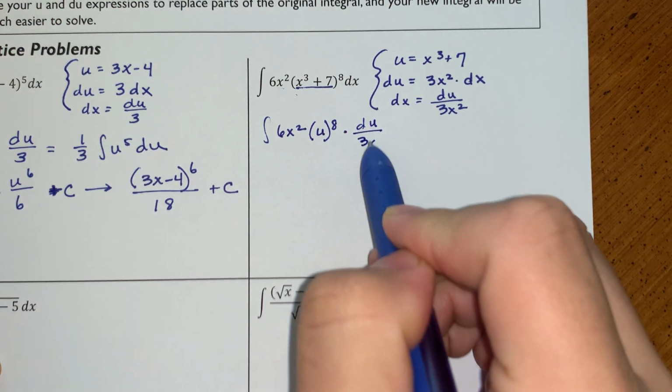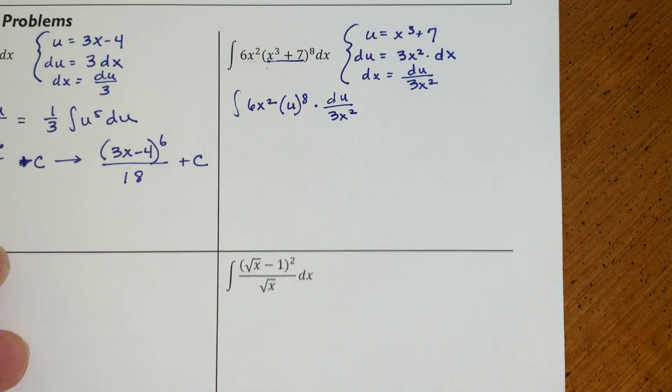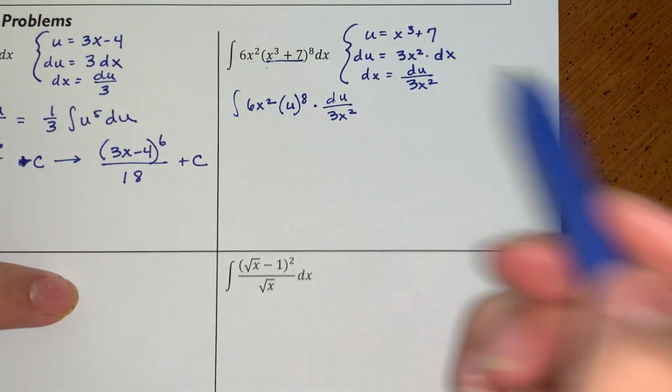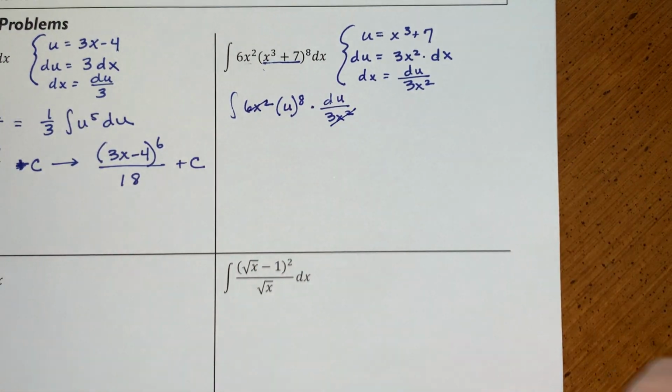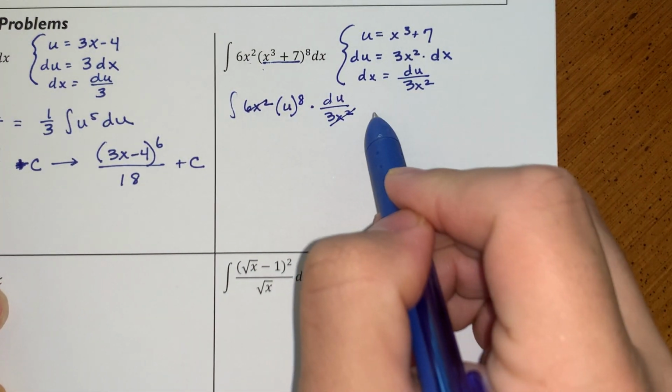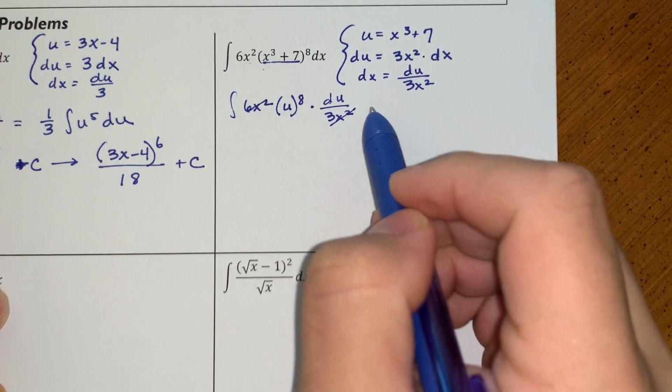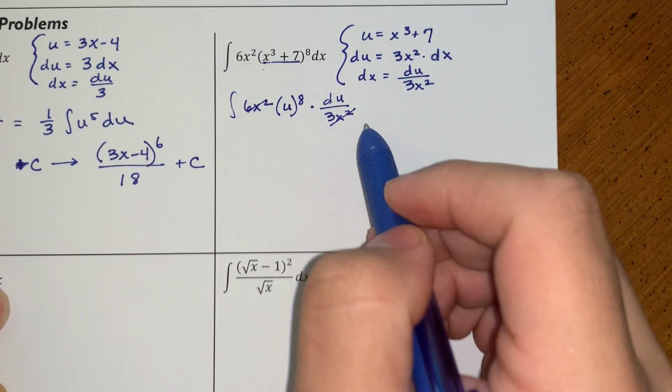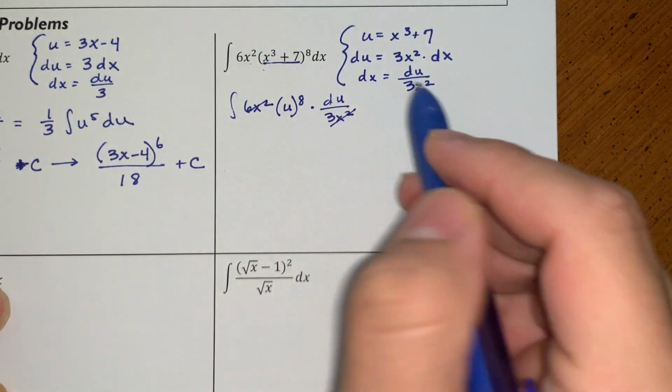Now again, our goal is to always make sure that everything in our new integral is in terms of u. See these x squareds? Well, they better cancel out. And they do, luckily. If they don't cancel out, then you probably picked the wrong u and you should start this problem over again.